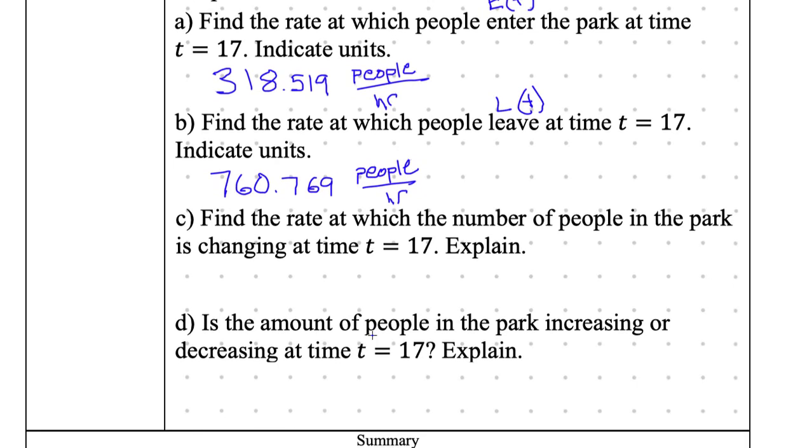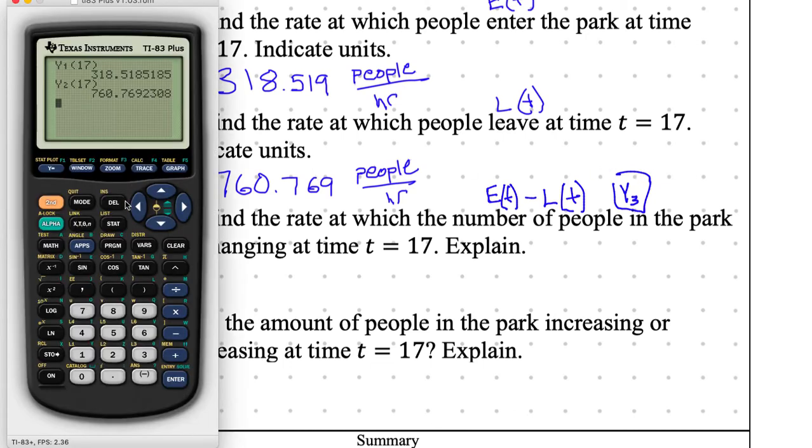Let's do C. Find the rate at which the number of people is changing at 17. Now it's talking about which function in our calculator? Y3. This is our E of t minus L of t, and you can put in your notes that's our Y3 function. So I go vars right, enter 3, Y3 of 17.